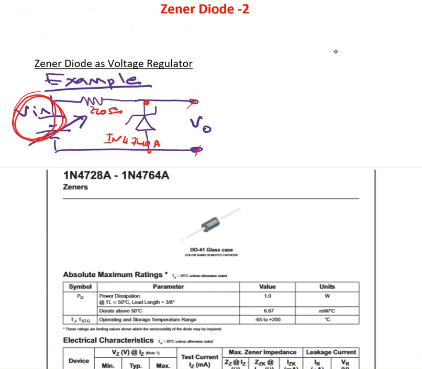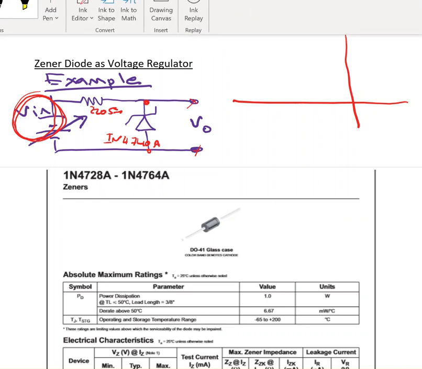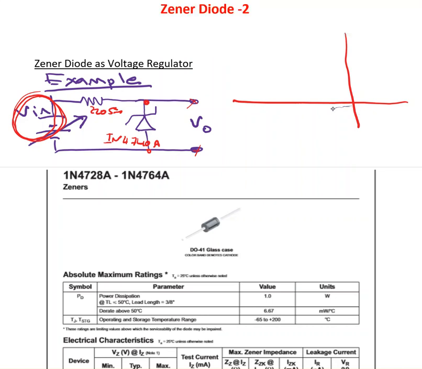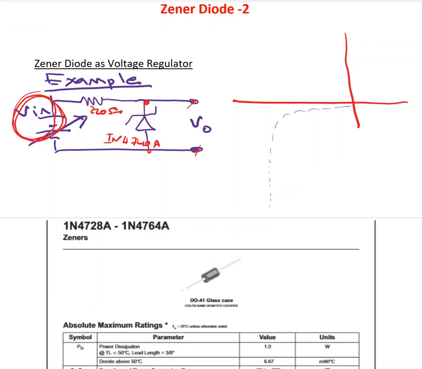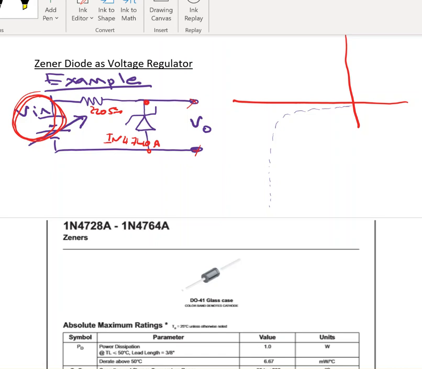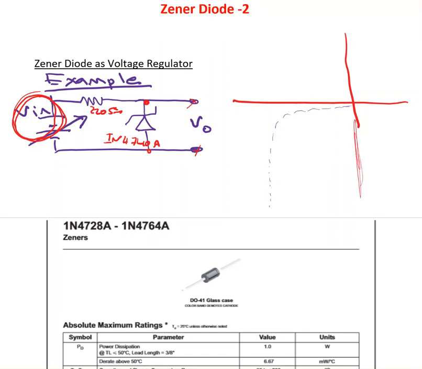Mainly we are interested in the reverse biased region, so we know that here we will be having a current. If you remember, we said that these currents are the following.